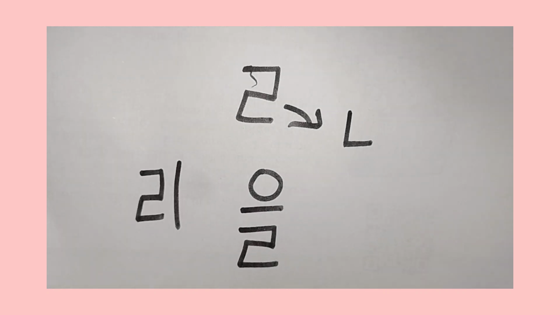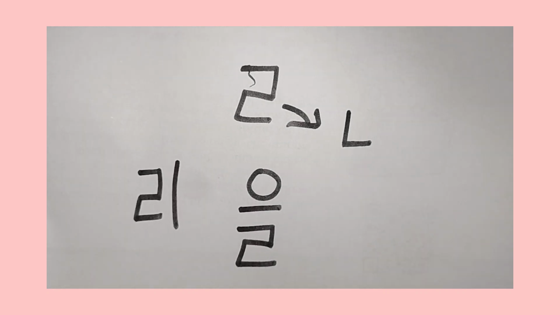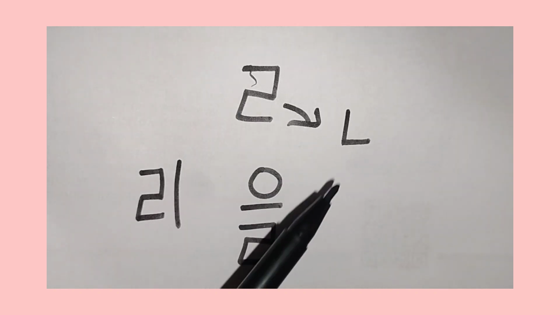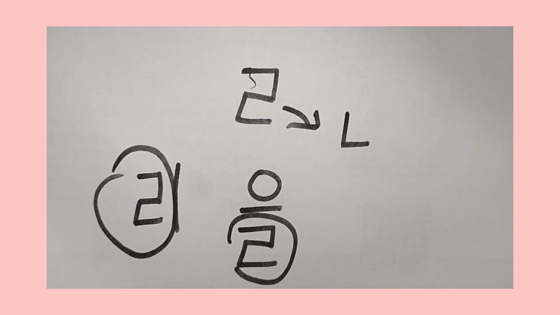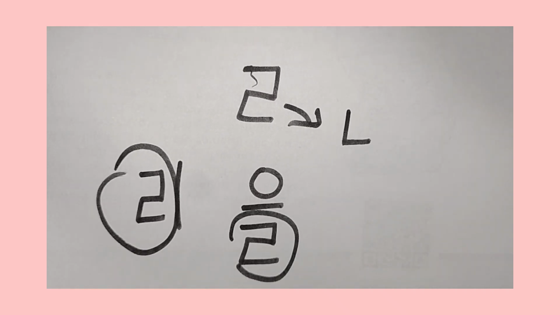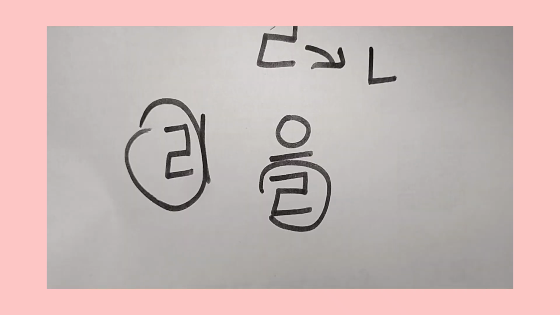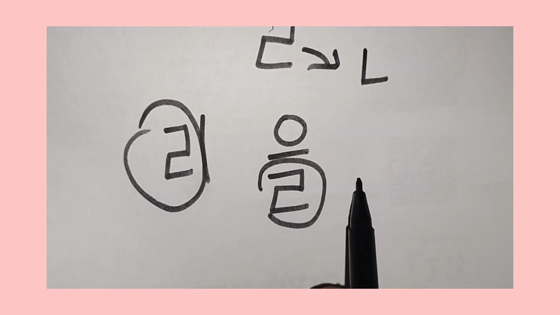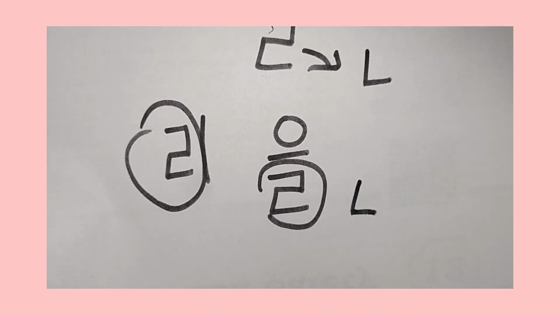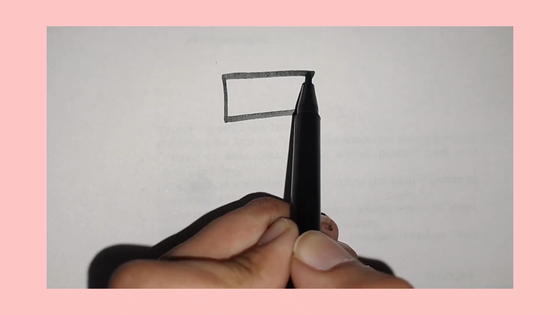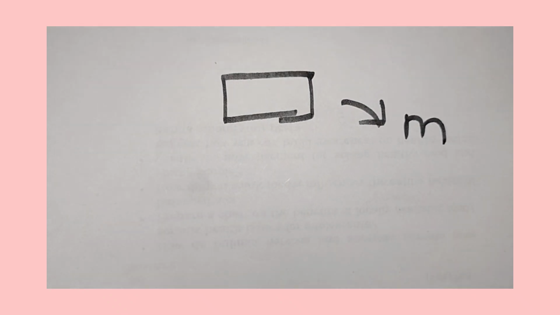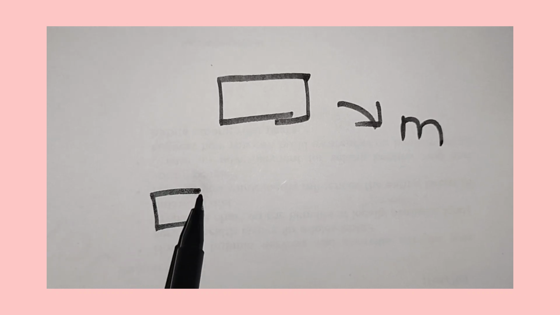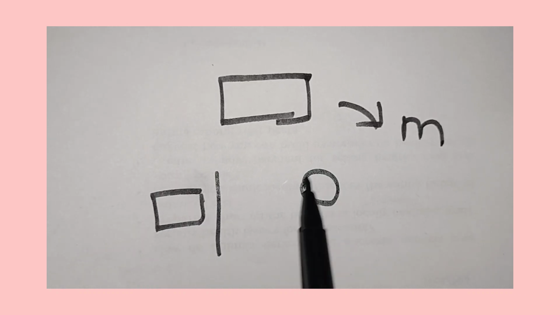Actually, it's somewhere between L or R. It's known as R and also known as L, but it's most likely pronounced L. We are just leaving it as L because we are beginners. So we have next mieum, and it has an M sound because it looks like a mouth.